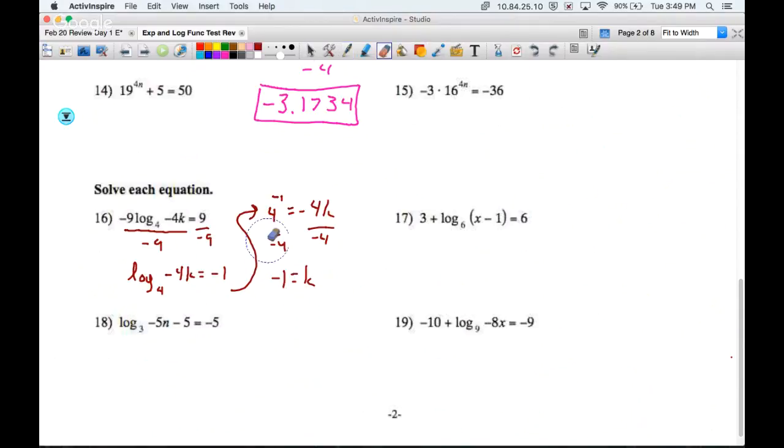I lost a negative there, but the answer didn't look right, so I need to go back and check. So 4 to the -1 is 1 over 4 equals -4k. Now when I divide that by -4, when you divide a fraction by a number, you could just multiply that number to the bottom of the fraction. This is 1 over, make it -1 over 16 equals k.